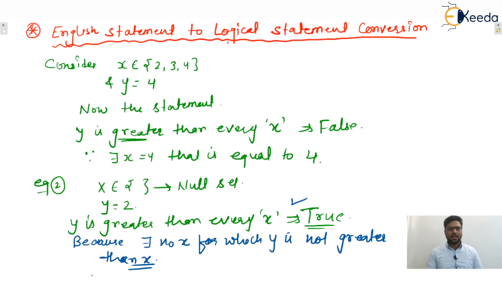Can we say that every girl in this class is intelligent? Yes, because in this class there exists no girl that is not intelligent. That means whenever the domain is null, the comparison for every will always be true. I hope this is clear to everyone.